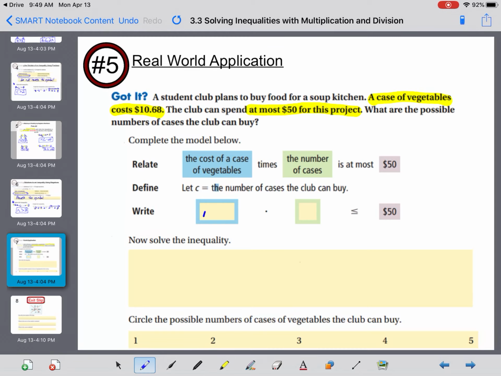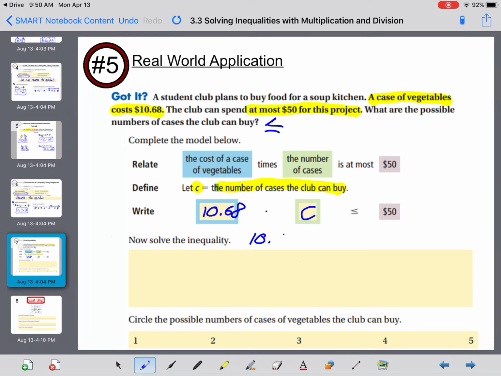Well, we already know the cost is $10.68, so go ahead and plug that in. The number of cases, well, we're not sure, so we're going to let C equal the number of cases. So go ahead and plug in the variable C. At most means less than or equal to, and the amount of money that we have for this project is $50. So now they want us to solve the inequality.